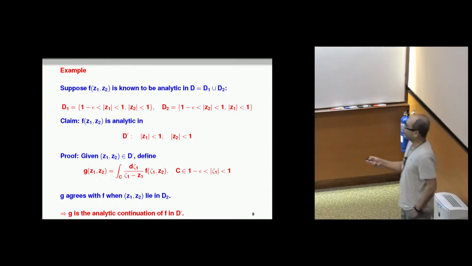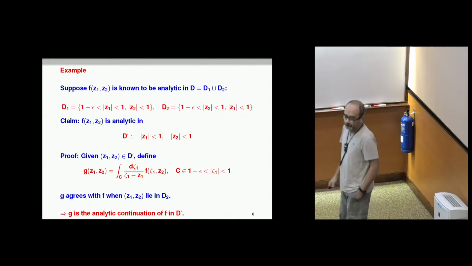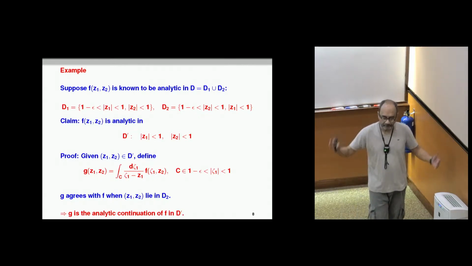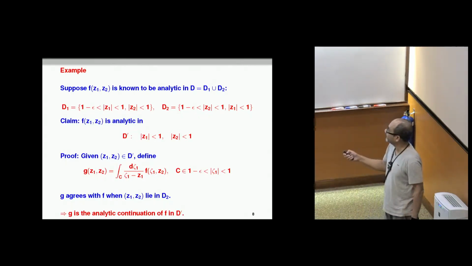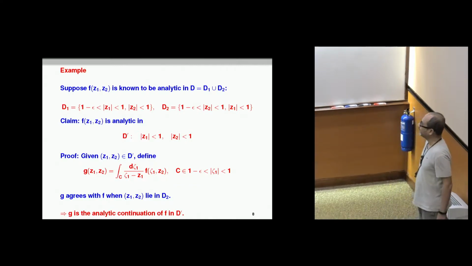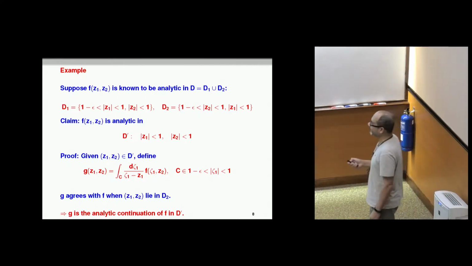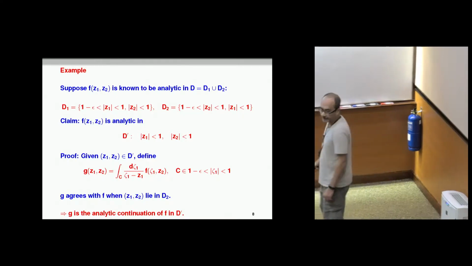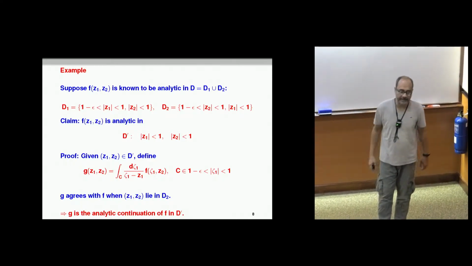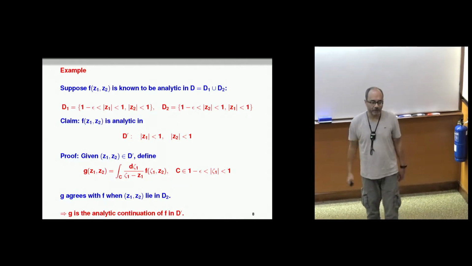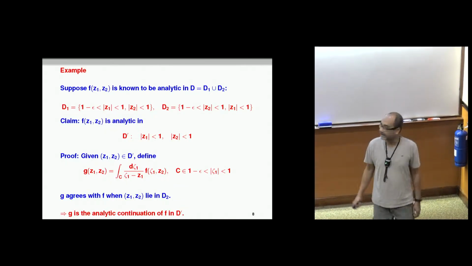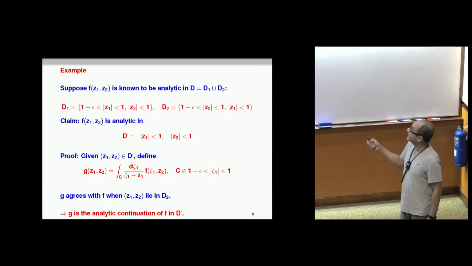So this means that we have now constructed a function G(Z1, Z2), which is analytic inside D prime, the product of the two unit disks, and which agrees with F in D2. So G is an analytic continuation of F in D prime. That shows that you can analytically extend this function to this bigger domain D prime, just by knowing that it's analytic here.